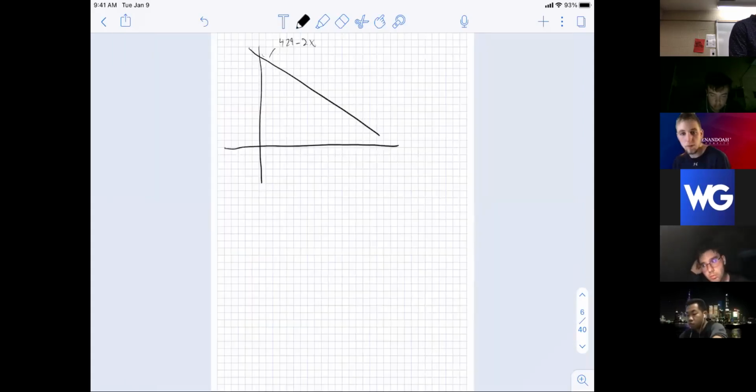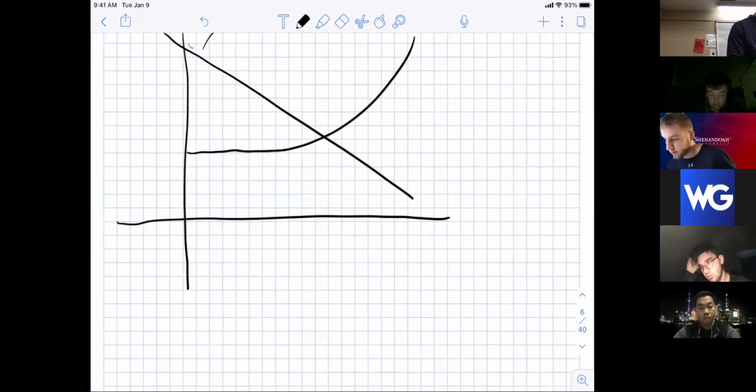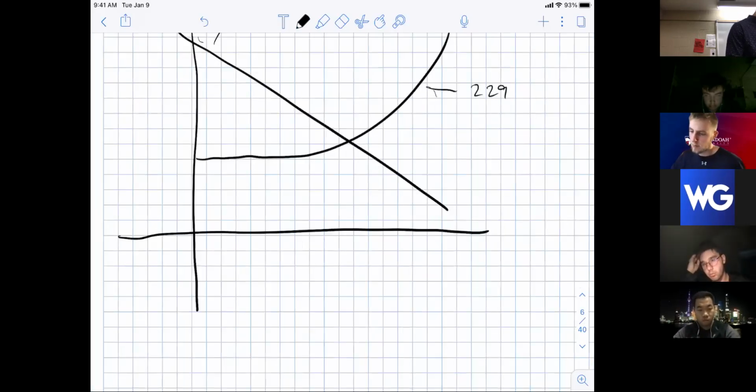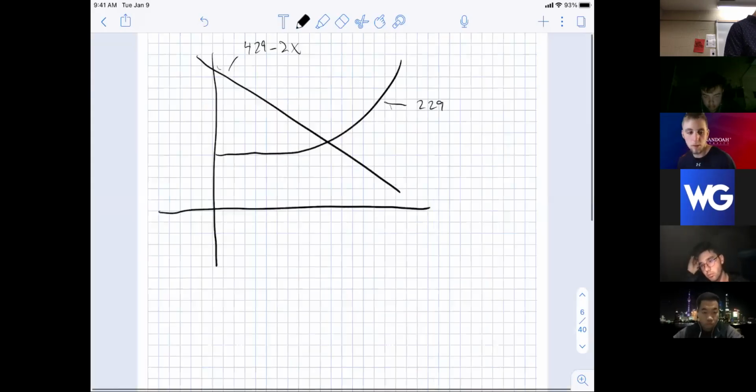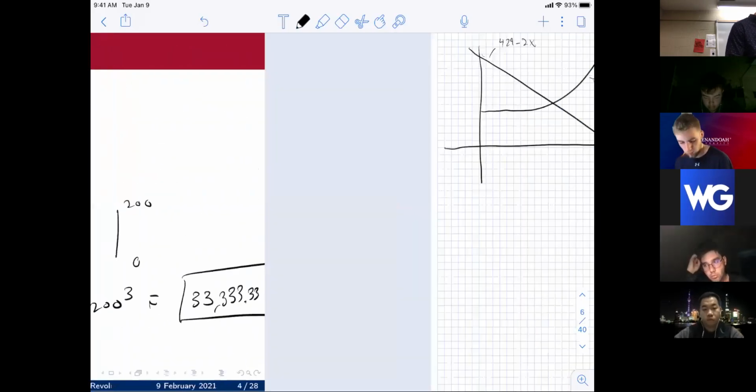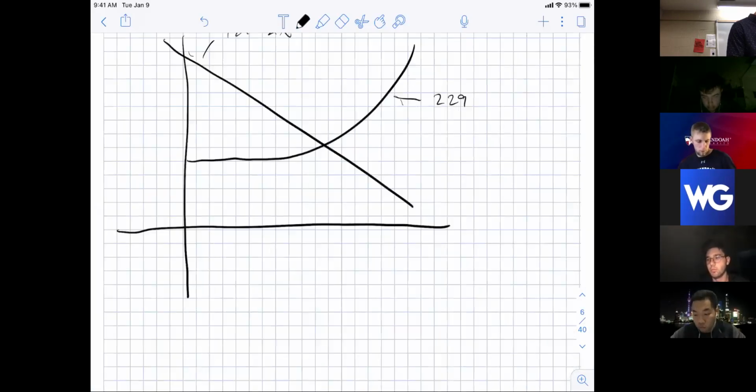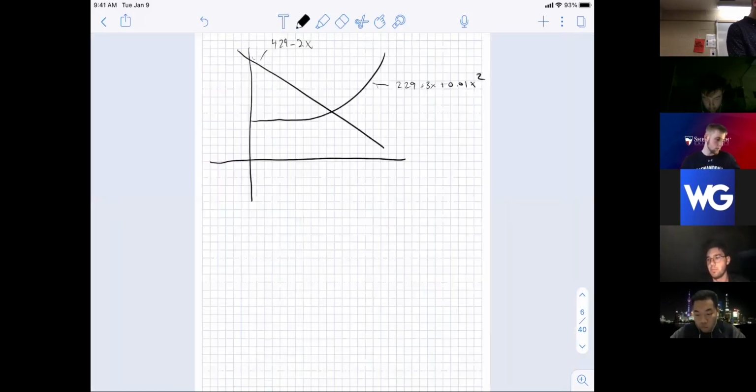And then here was the marginal cost, 29 plus 3x minus 0.01, plus 0.01x squared. So we just found this area here. What does that area represent?